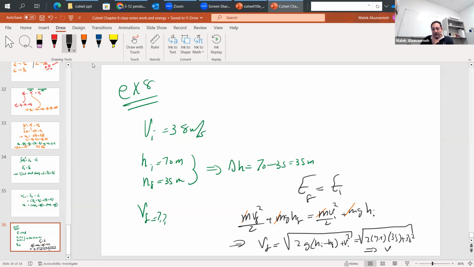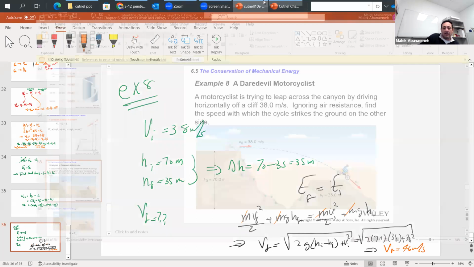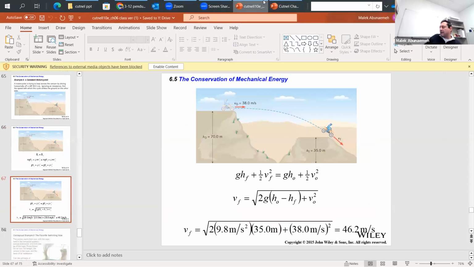Which means your V final is going to equal 46 meters per second. And that's exactly what we just got, 46.2 meters per second.